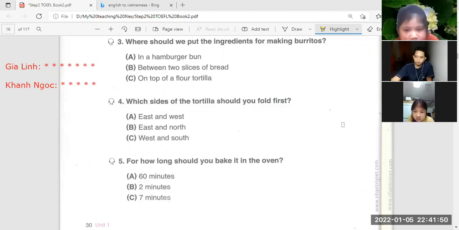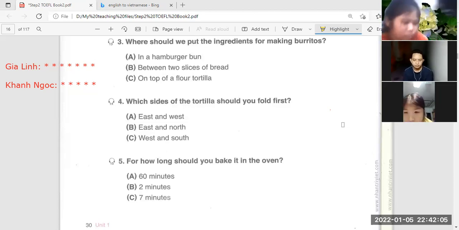Listen and answer the questions. Listen to the chef giving instructions on how to make burritos. Making a homemade burrito is simple and easy. First, prepare some meat, beans, cooked long grain rice, grated cheese, chopped cabbage, and salsa. Second, put 1 flour tortilla on a plate. Then put all the ingredients you want to have on the tortilla.